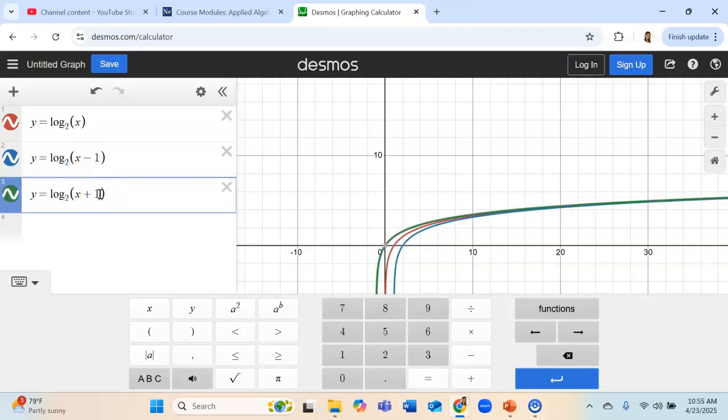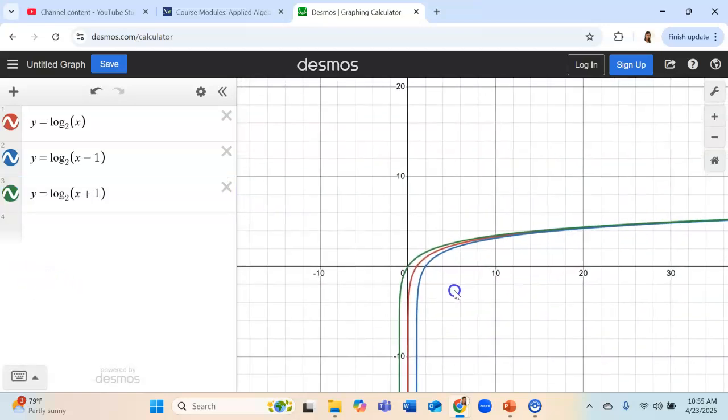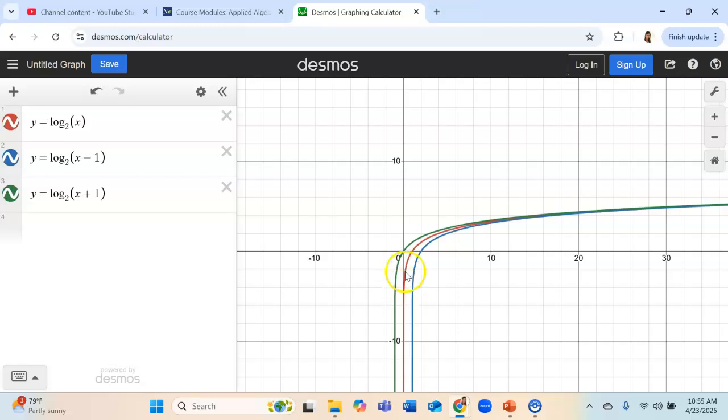And then let's do x plus 1. So you can see our normal line is the red, and then the minus 1 went to the right because it's opposite h, it's inside the parentheses, and the green one went to the left one.